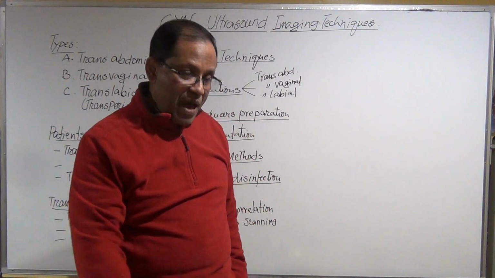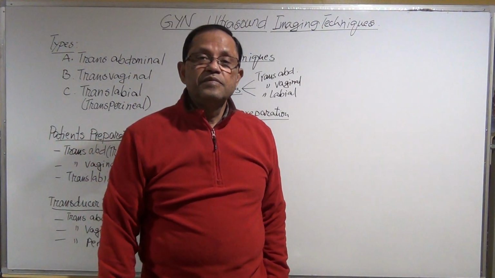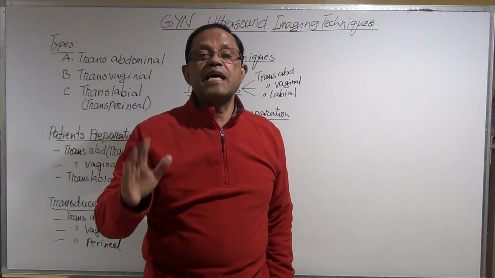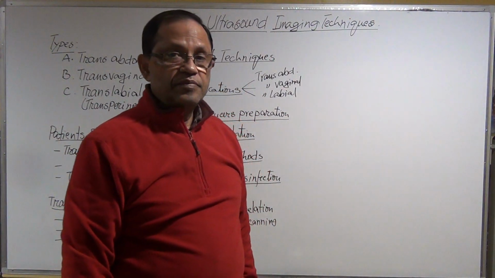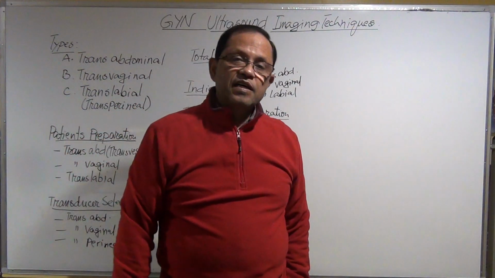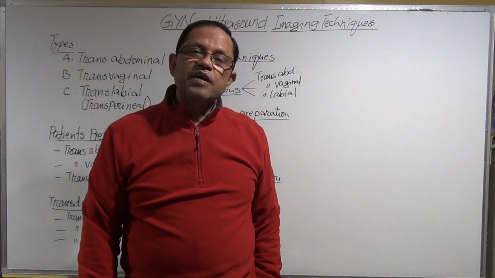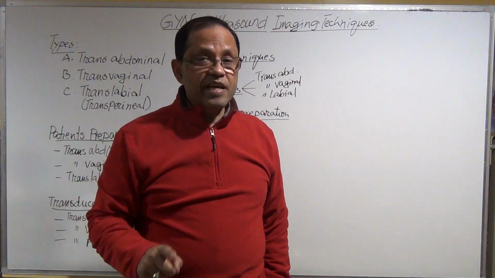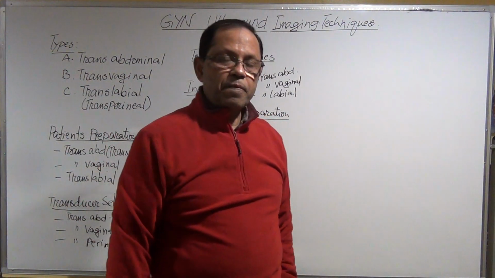When they come back, the bladder still has a little urine that works as a landmark. Then they will do the transvaginal ultrasonography and they will get everything very clearly. Why very clearly? We're going to discuss.